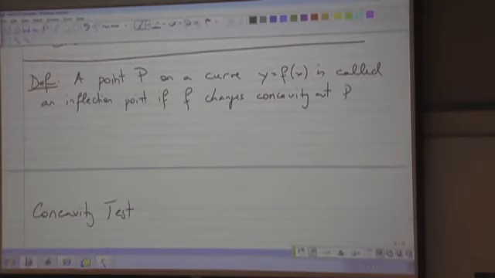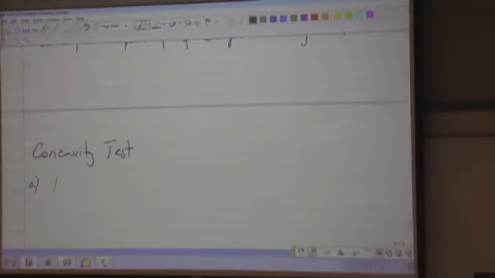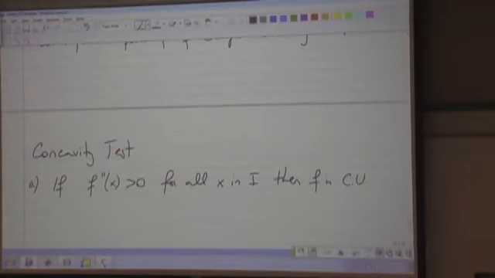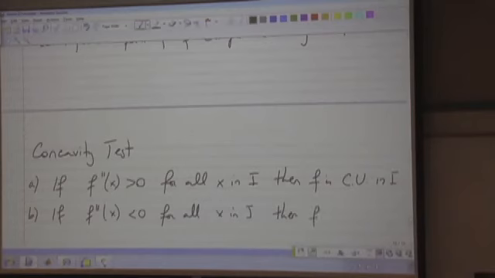Concavity test says if f double prime of x is strictly bigger than 0 for all x in I, then f is concave up in I. Part B, if f double prime of x is less than 0 for all x in I, then f is concave down in I.